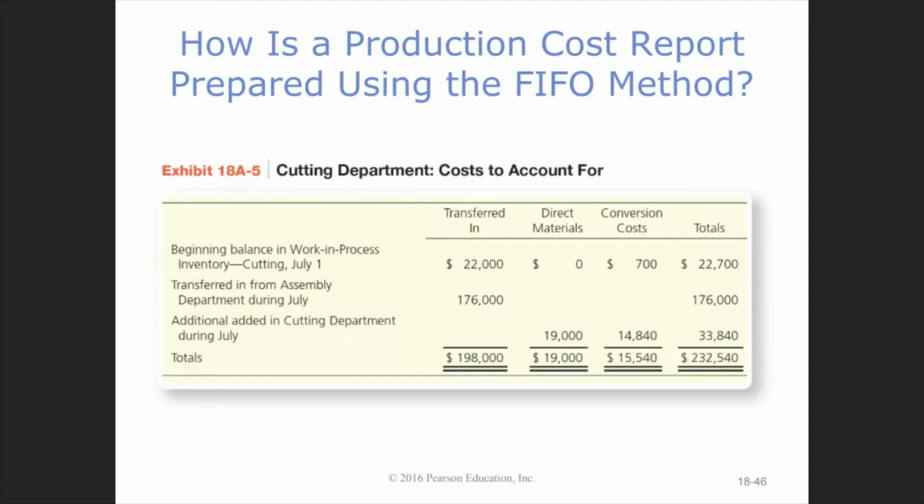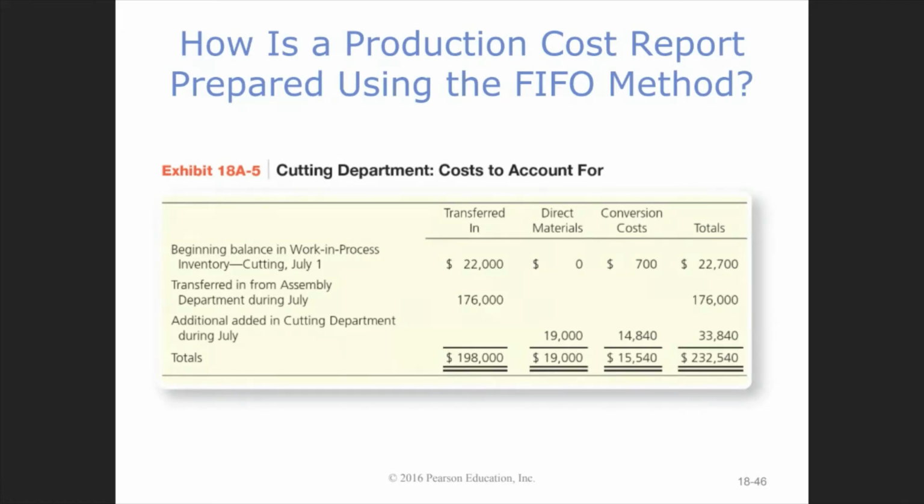On the next screen here, it's showing us our beginning balance for cutting, 22,000 transferred in, and transferred in from assembly department during July was 176,000, which gave us a total of 198,000.